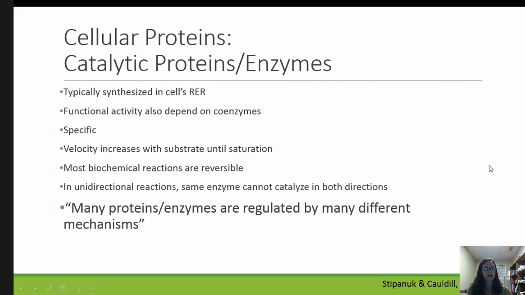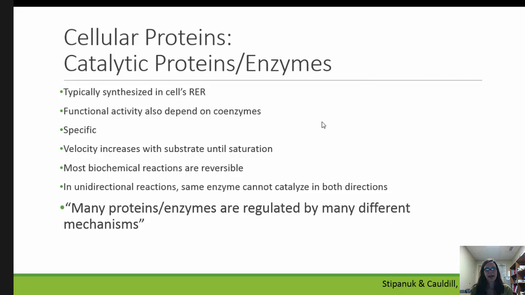Okay, so we've talked about transport proteins and receptor proteins. Now let's talk about catalytic proteins or enzymes. So the functional property of these enzymes does rely on coenzymes. And again, just like the receptor, they're very specific. Now, enzymes are reliant on how much substrate is available and how fast the enzyme can work, okay?